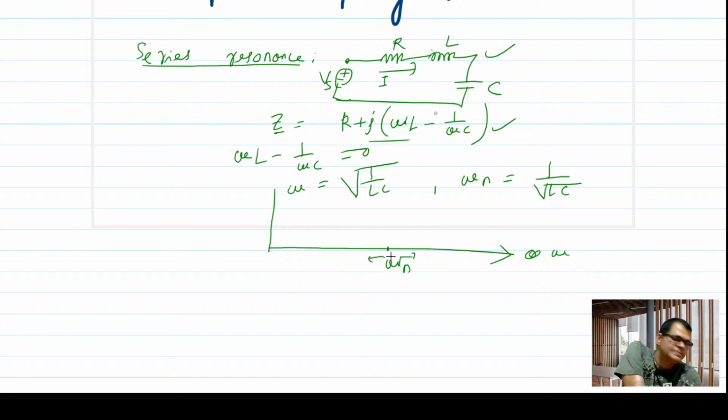You can easily say, and you know at omega n it is purely resistive, right? So if this is the value of R, the Z curve will vary like this. I'll redraw it again on the next page.